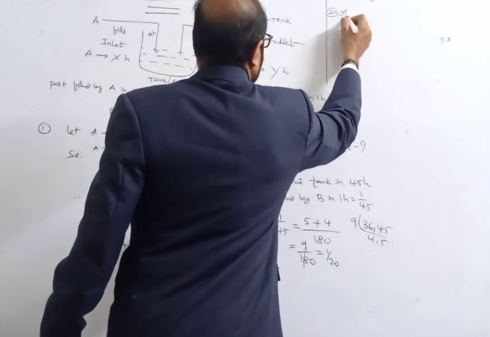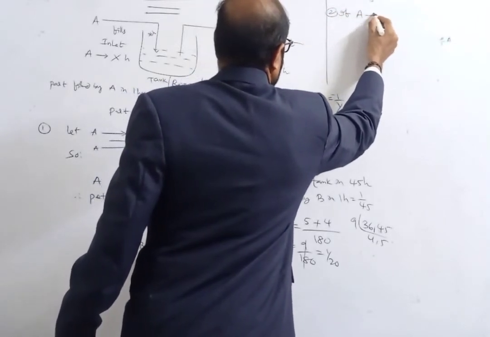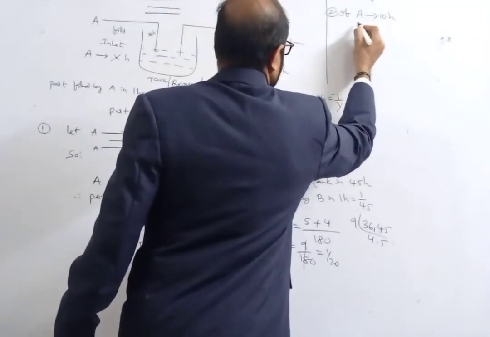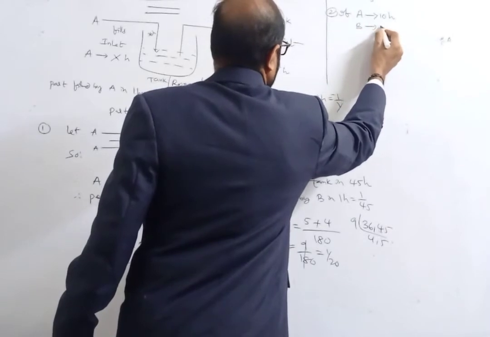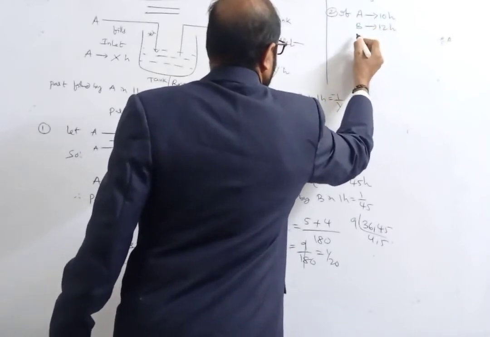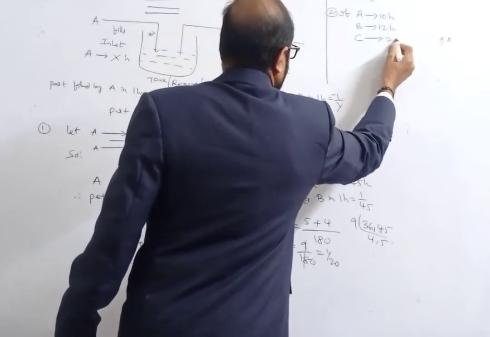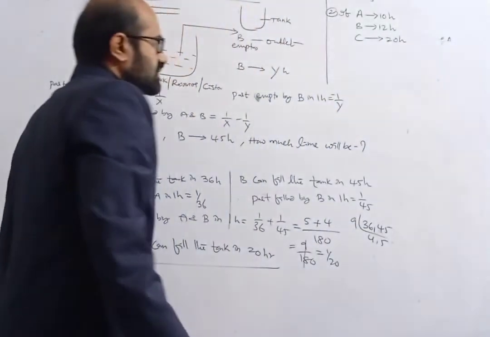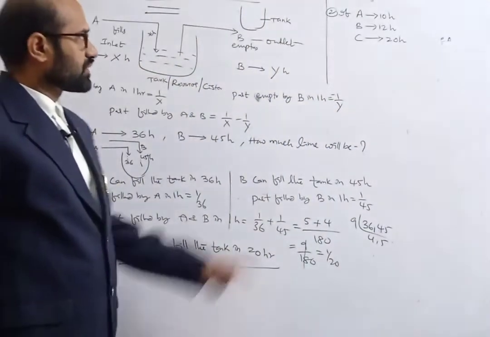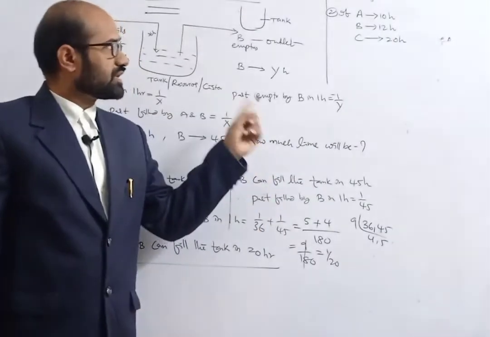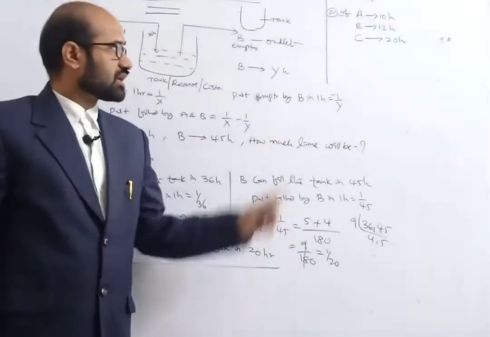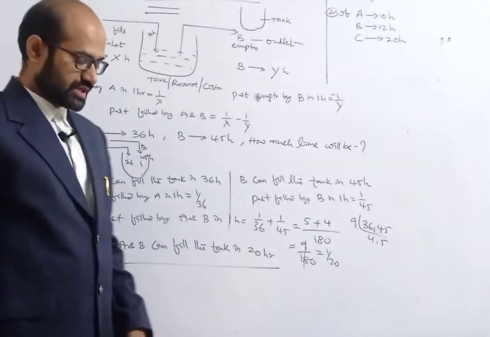Second problem. If A can fill a tank in 10 hours, B can fill the tank in 12 hours, and C can empty the tank in 20 hours. What is given? A fills in 10 hours, B also fills in 12 hours, but C can empty the tank in 20 hours.